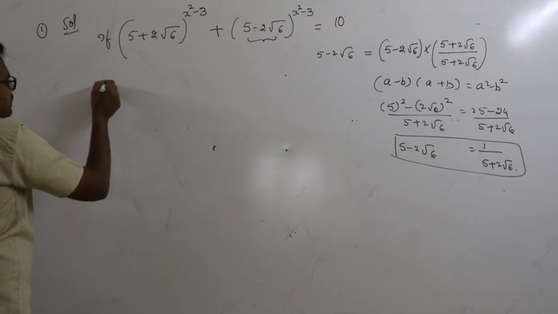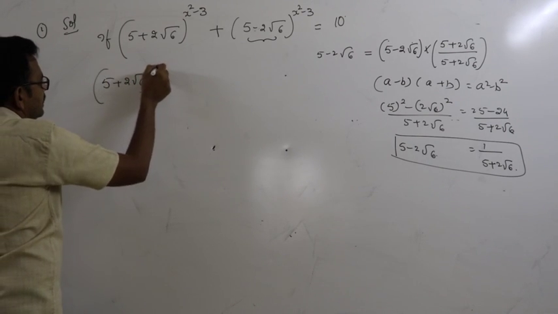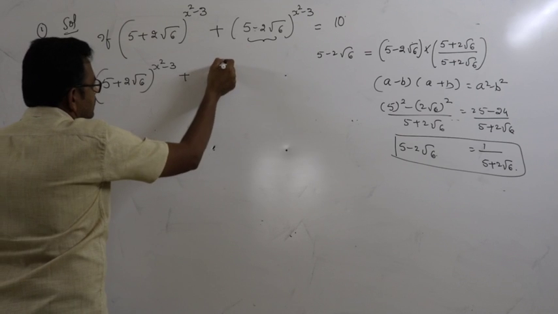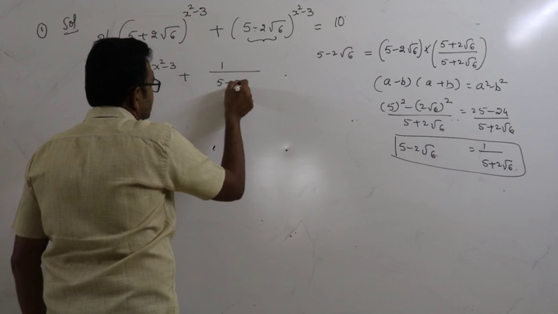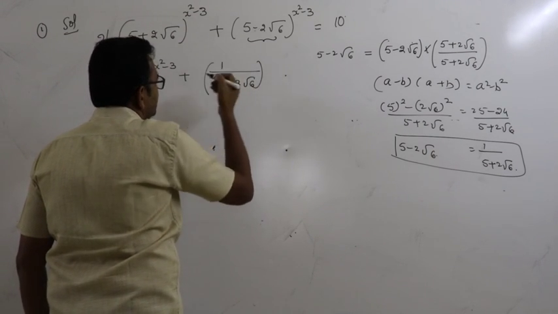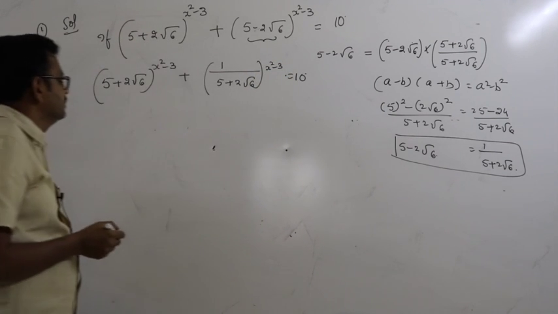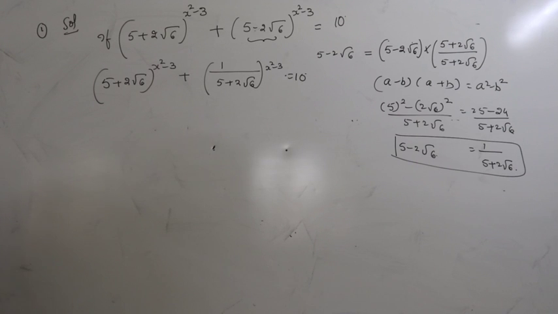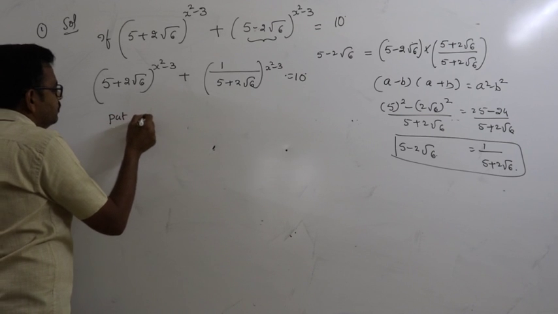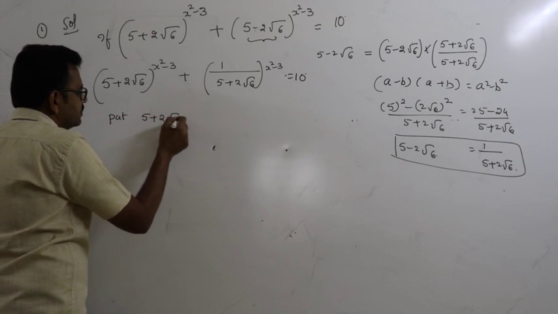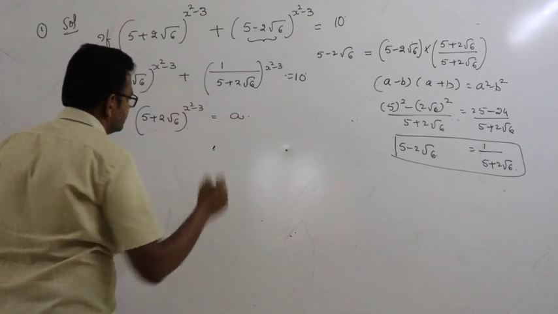Now, this is 5 plus 2 root 6 whole power x square minus 3 plus 1 by 5 plus 2 root 6 whole power x square minus 3 is equal to 10. Now put 5 plus 2 root 6 whole power x square minus 3 equal to a.